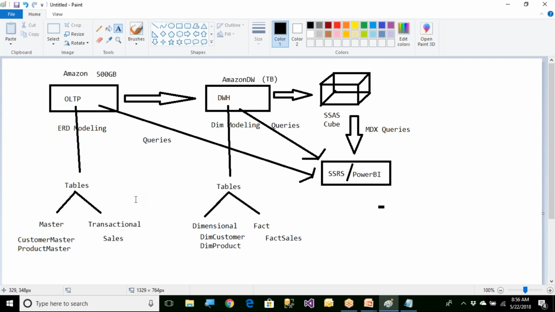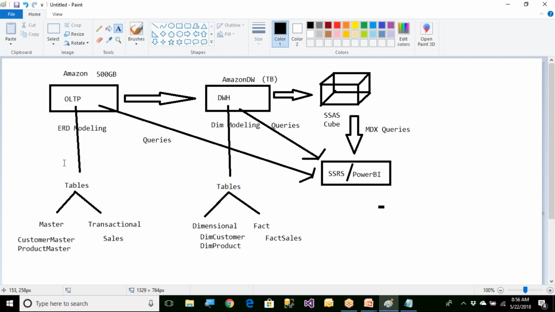Fact tables have more numerical data and more foreign keys, and dimension tables have more string data and more primary keys. Dimension tables and fact tables are connected with primary keys and foreign keys. Here also we are able to connect these two tables with primary keys and foreign keys. This is how people can say what the data warehouse is going to contain, which is purely dimensional tables.